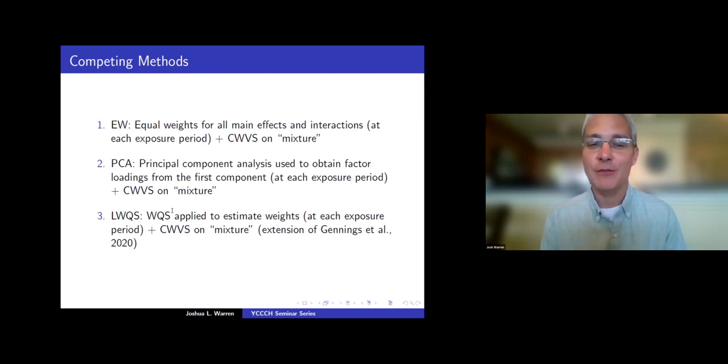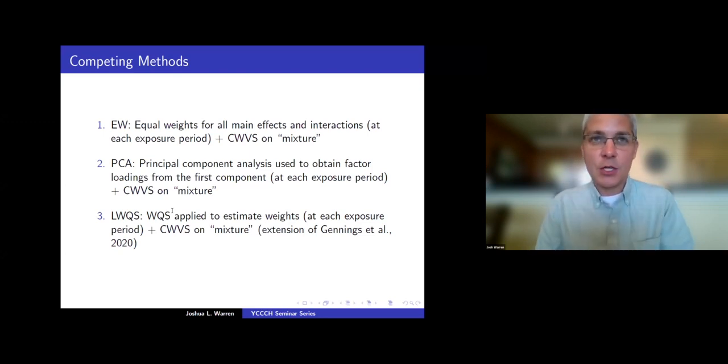One is the most naive, where I would always start as a practitioner with a new data set, this equal weights approach. So maybe just averaging all of the exposures for a person on a given exposure week and including that average and the interactions with the other exposure periods in a distributed lag framework. This is called equal weights, or EW.